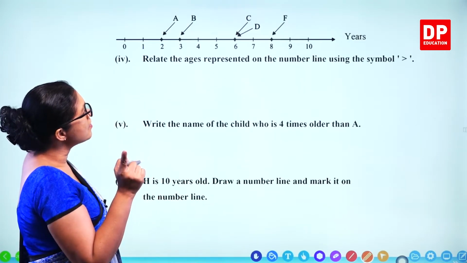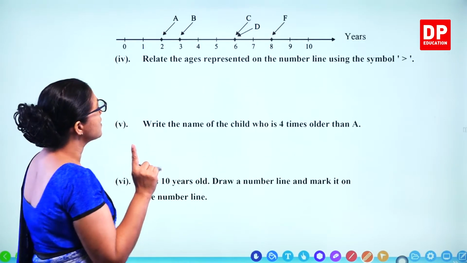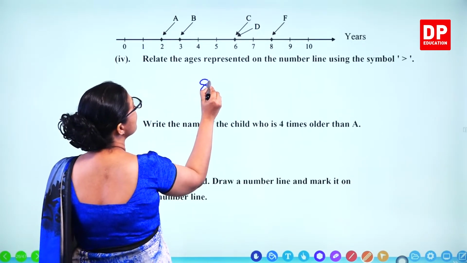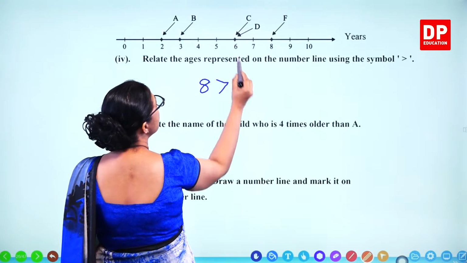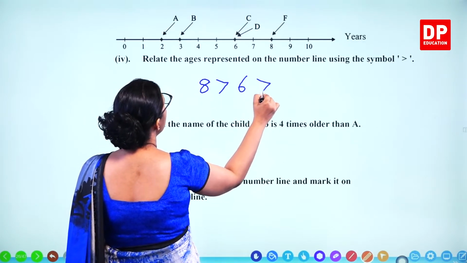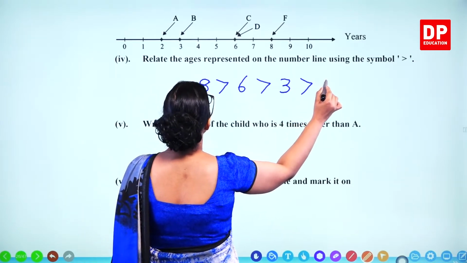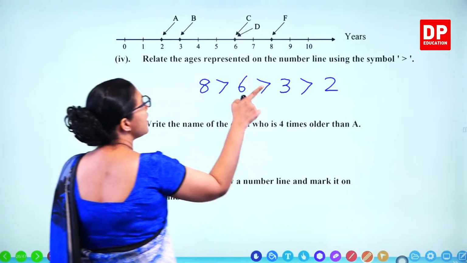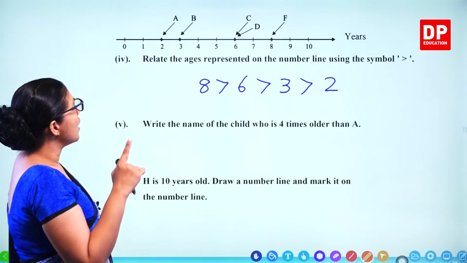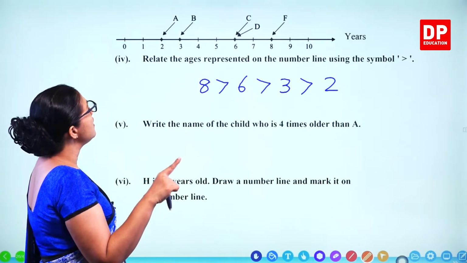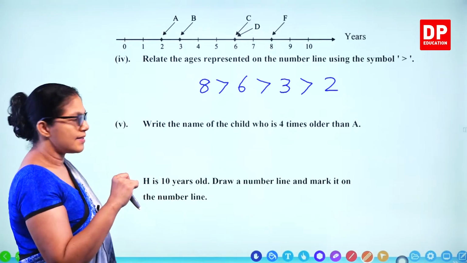So that means highest one we have to write first. So 8 is greater than 6, is greater than 3, is greater than 2. So you have to connect with the ages. Age 8 years, 6, 3 and 2. So you can write like this.